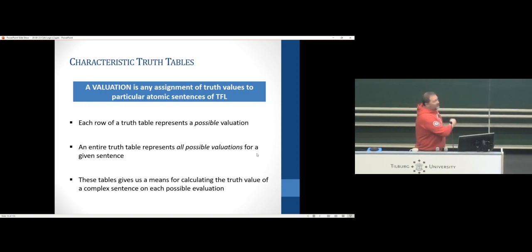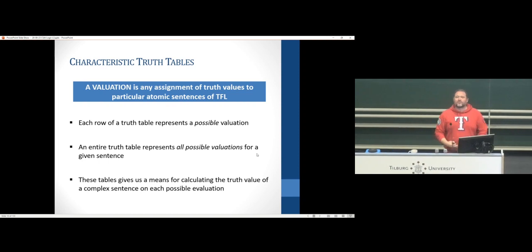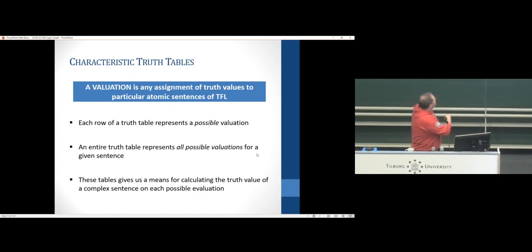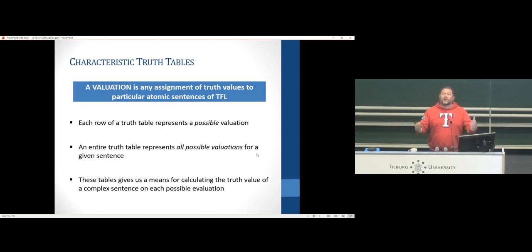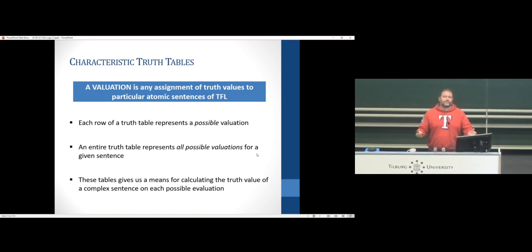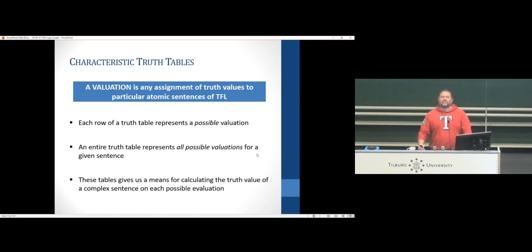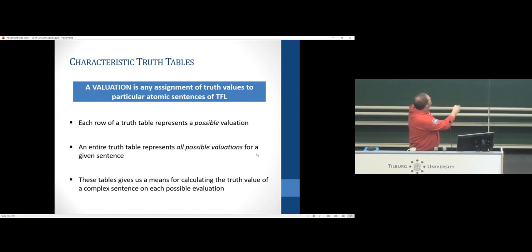Now, the really cool part is this last bit. If we build the tables right, not only do they show us every possible situation, every possible way we might assign truth values, but they'll let us calculate the truth value of the complex sentence. So that's really the core. Everything that we're going to talk about in the next hour, give or take, is going to be derived from this idea.